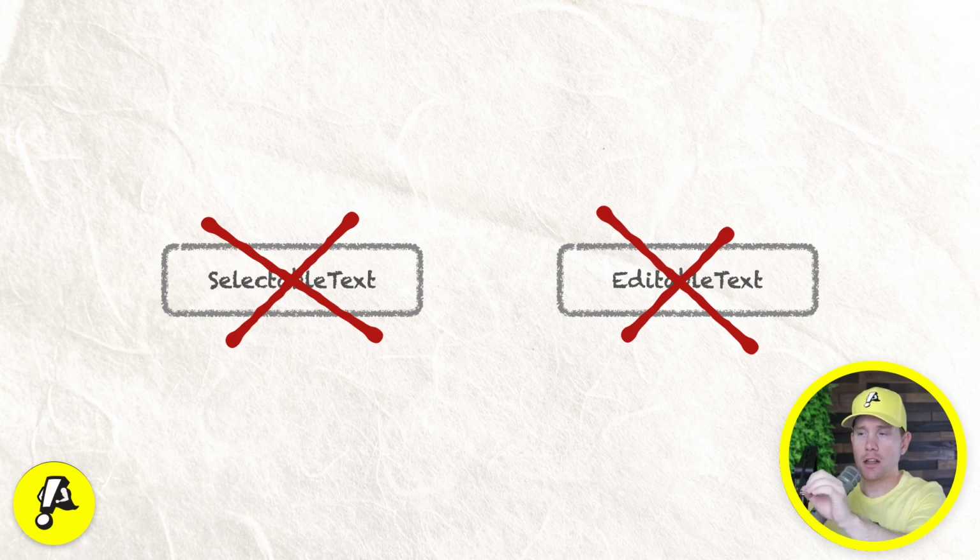These are monoliths. They have worked themselves into an unworkable state. You may be able to create a bunch of composition or composable pieces and then kind of replace the guts of these. But these two things, selectable text, editable text, are not going to become composable pieces. Their API is massive.